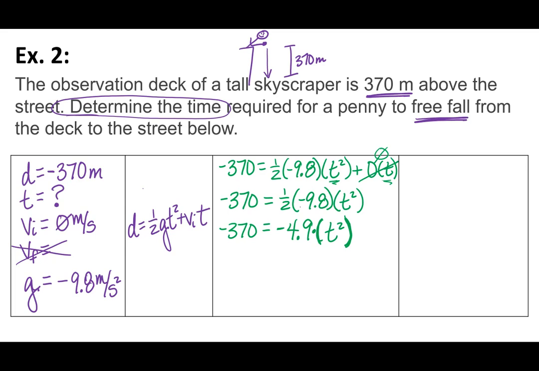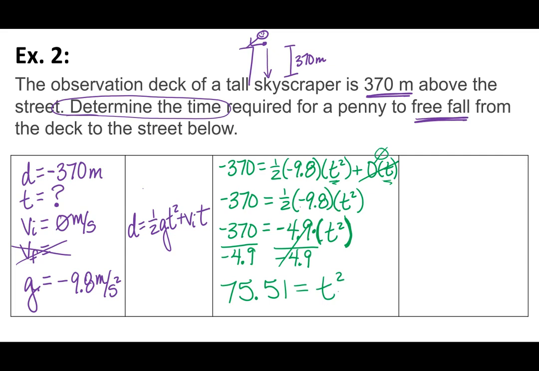So to get rid of the negative 4.9, we have to divide by negative 4.9. So negative 370 divided by negative 4.9 gives us 75.51. The 4.9 cancels on the other side. We're left with t squared.